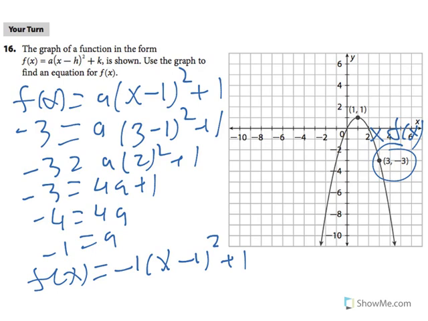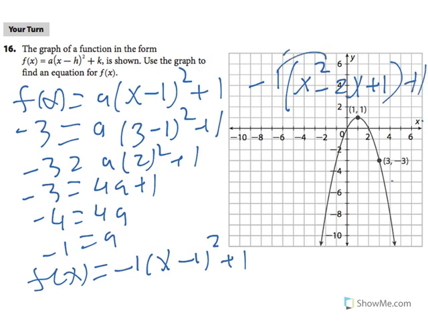Okay, and they also want us to write this in our standard form. So let me erase this part, so I need more room. So the standard form: negative 1 times, when we expand this, x squared minus 2x plus 1, plus 1.